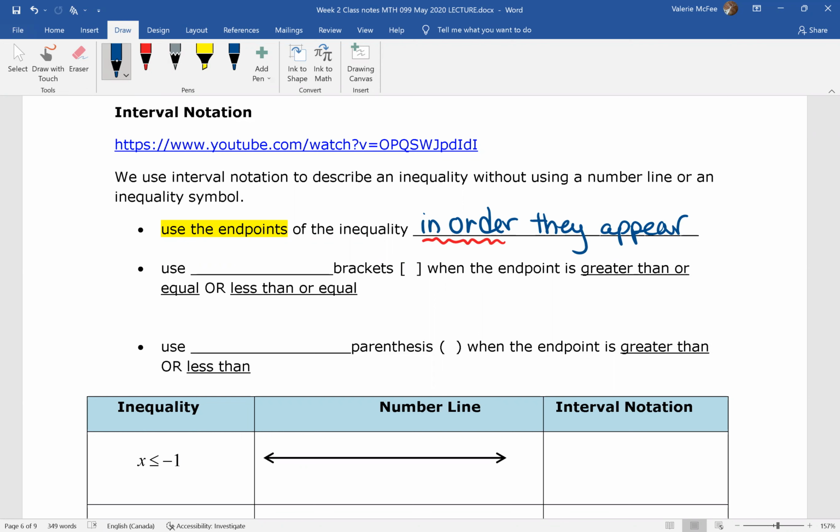We're going to use closed or square brackets if we have greater than or equals, less than or equals.